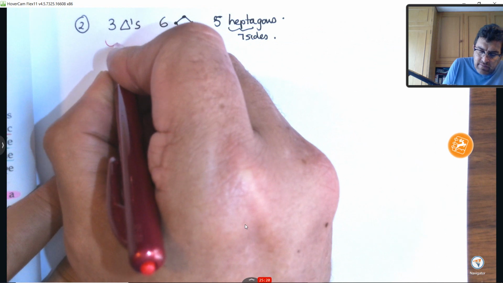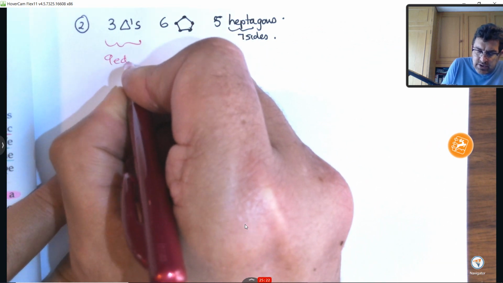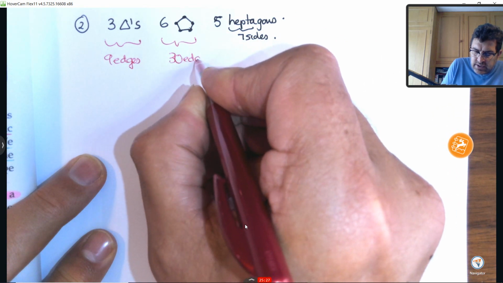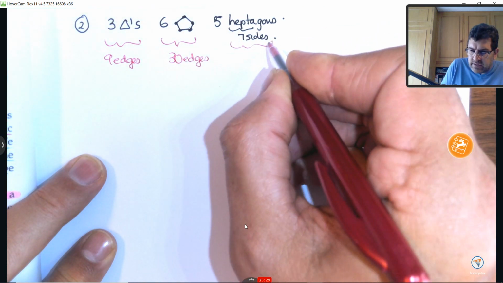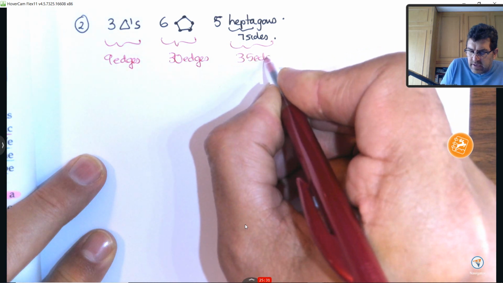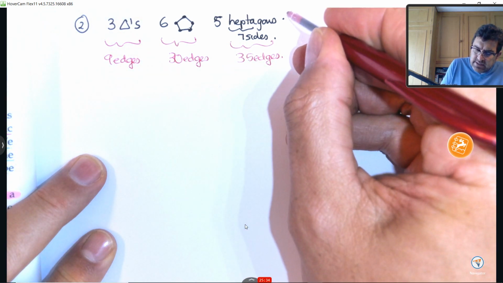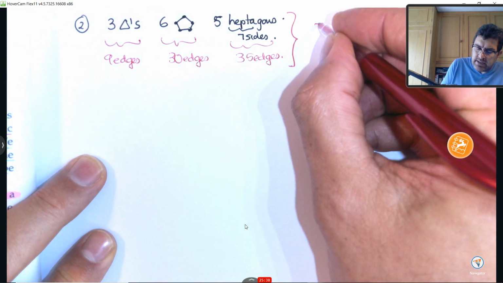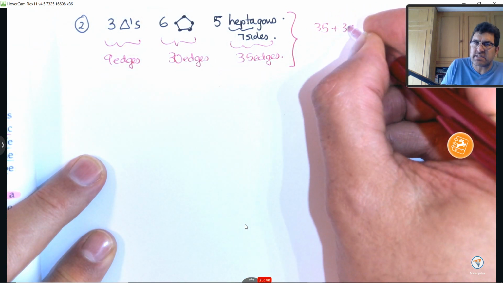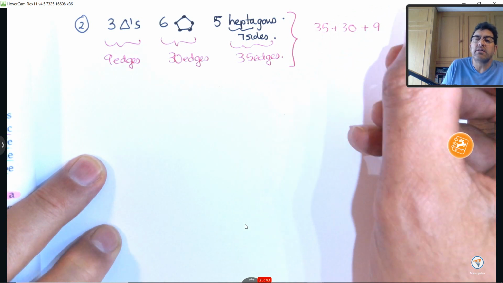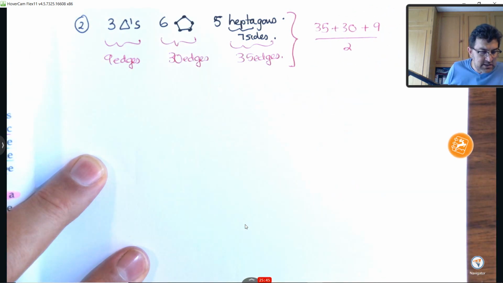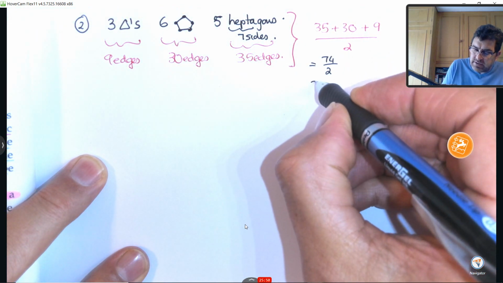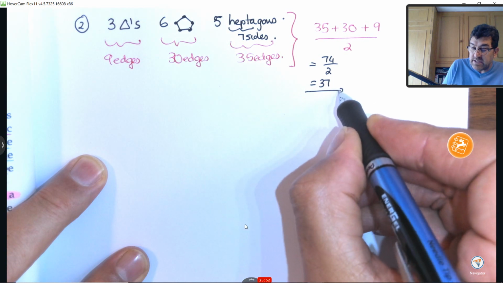So here we have a total of 9 edges. Here we'll still have a total of 30 edges, and here we'll have a total of 35 edges. If we add them, remember they're double counted. So what is 35 plus 30 plus 9? If I halve that, I get 74 divided by 2, which is 37.